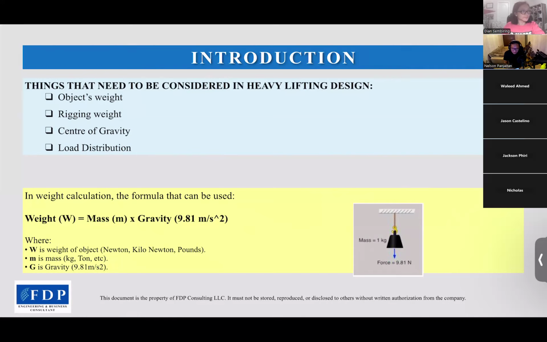But sometimes in real life, everything gets mixed up. When we're doing operations, sometimes someone asks what the weight is, and we always answer in tons or kilograms, which is not correct. The correct way is to answer in Newton or kilonewton, because those are the units for forces. But that's common now.